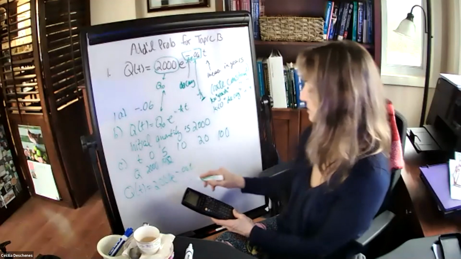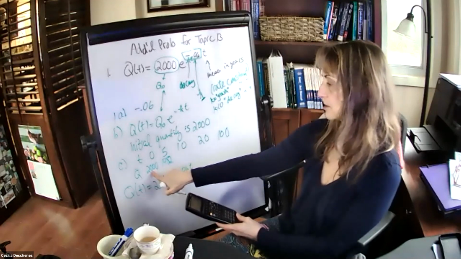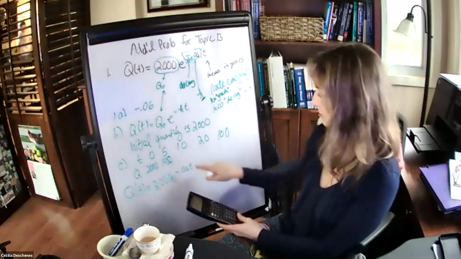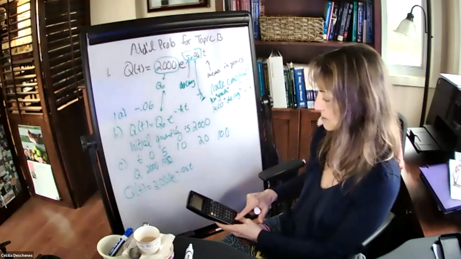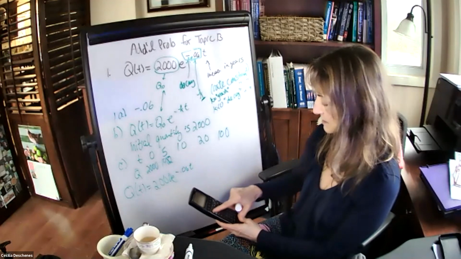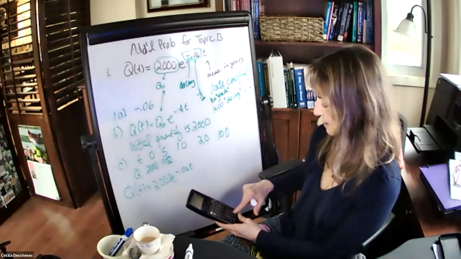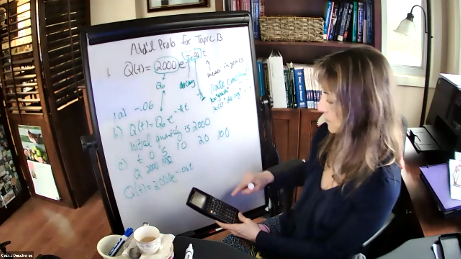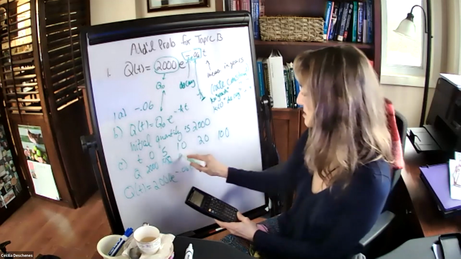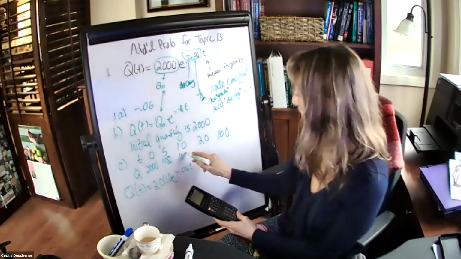So in 5 years, we went from 2000 to 1482. Now we put in 10, we just do 2000 times e raised to the negative 0.06 times 10. And now we get that this drops to 1098.